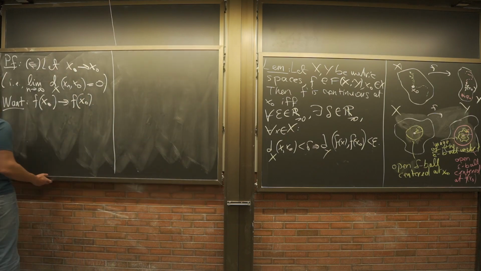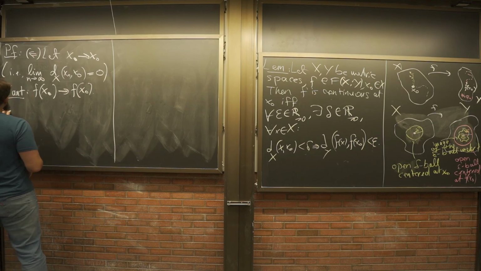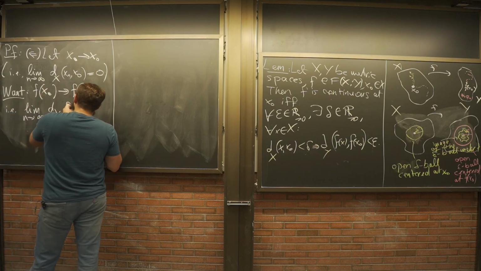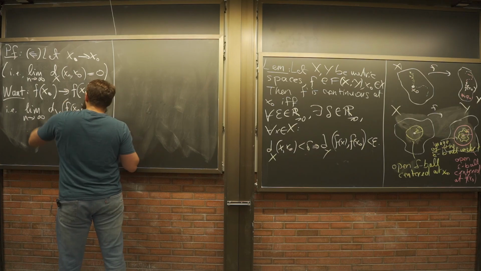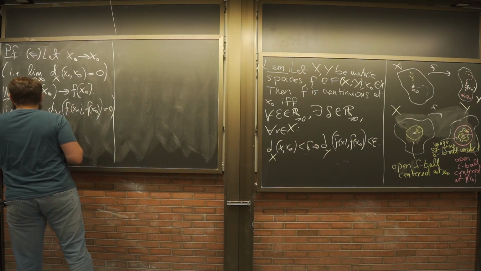Again, opening this up, now that this is a signal in y, I need to look at the same statement, except that the metric is going to be the metric on the output space y. That's what I'm trying to prove.